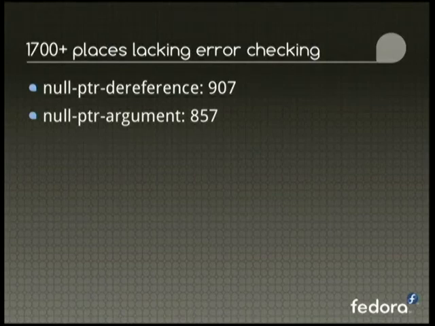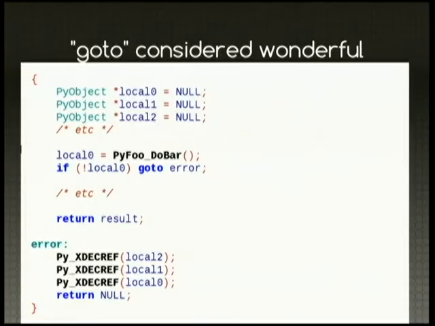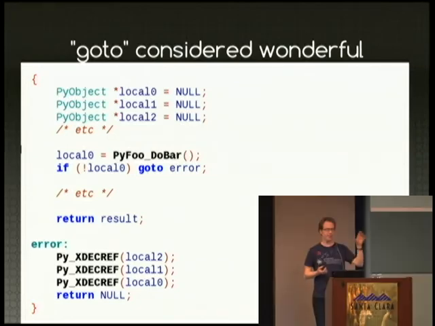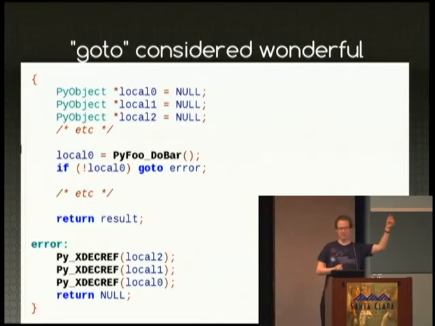Lots of places were missing error checking. And basically, it's so hard to do error checking correctly. So I'm a big fan of the much maligned goto statement in C. The way I like to structure my methods in C extension code is to have one big error handling block at the bottom and have everything initialized to NULL at the top, with a Py_XDECREF on anything that owns a new reference at the bottom.